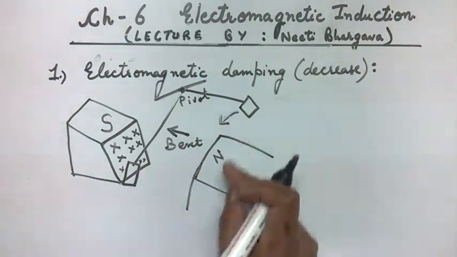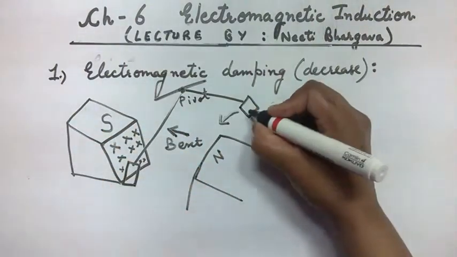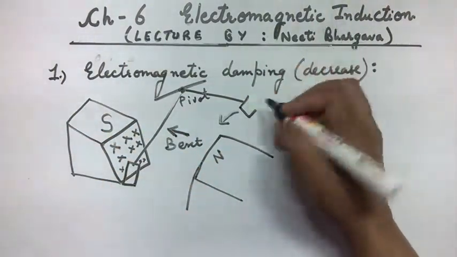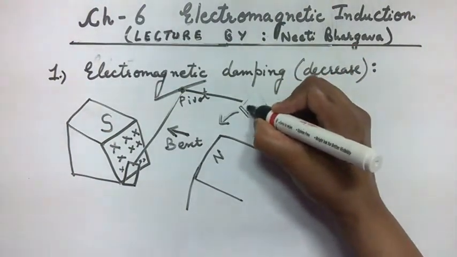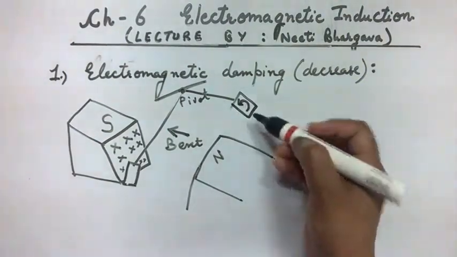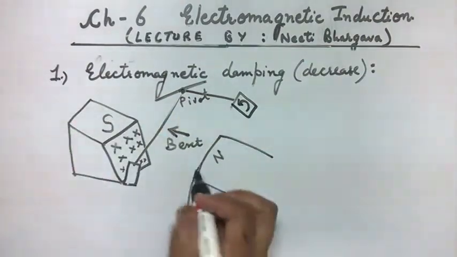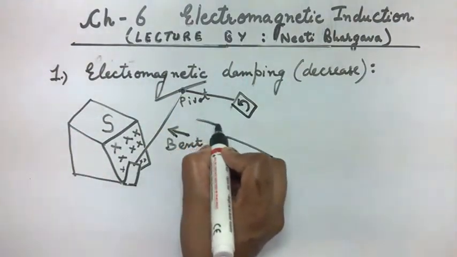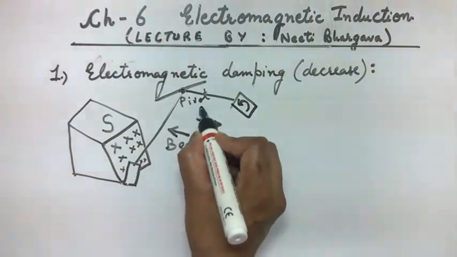That is, the direction is in this way. Therefore, the direction of induced current will be anti-clockwise. And if it is anti-clockwise, the direction of the induced magnetic field is opposite to that of the external magnetic field.